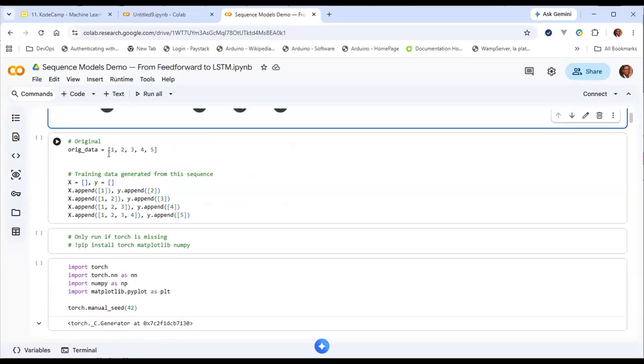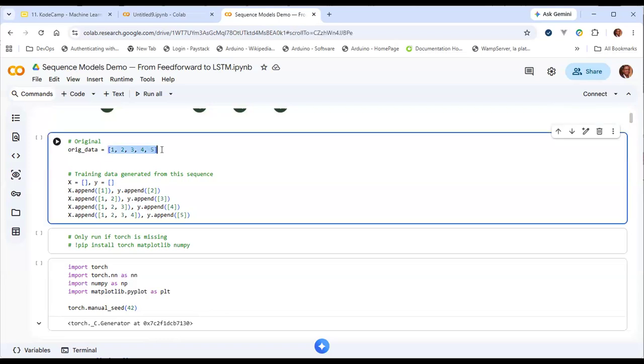So this is the original data. Now we have basically simplified this to very simple data structures or tensors that will be easy for us to visualize. But in real cases, we are dealing with very large dimensional numbers.